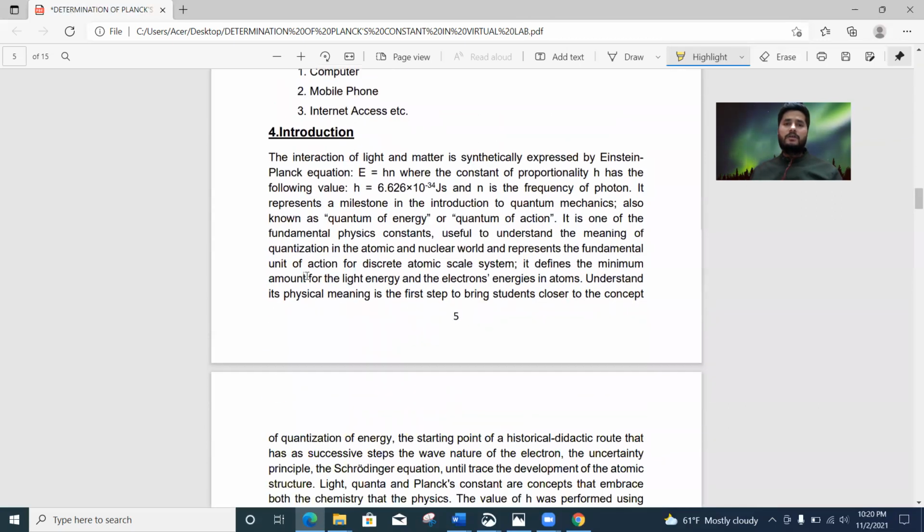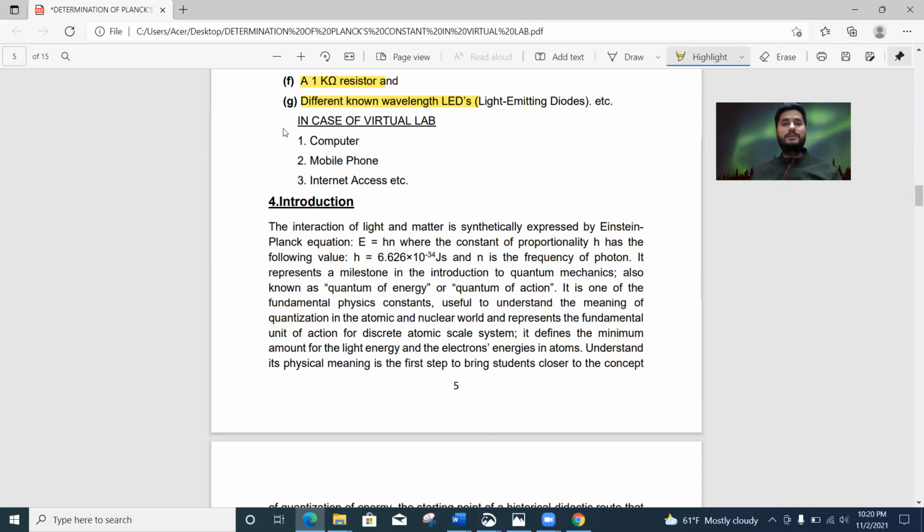But in case of our virtual lab, we need a computer or laptop, a mobile, and internet access.